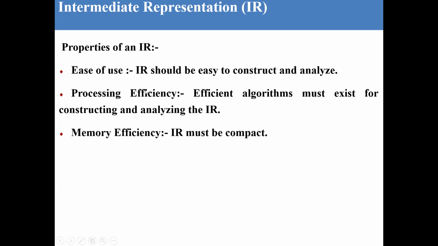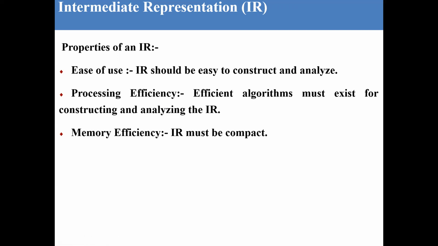So what are the properties of this intermediate representation? First of all, ease of use, which means IR should be easy to construct and analyze. So when your IR is generated, it should be very easy to analyze. Second one is processing efficiency. So efficient algorithms must exist for constructing and analyzing the IR.